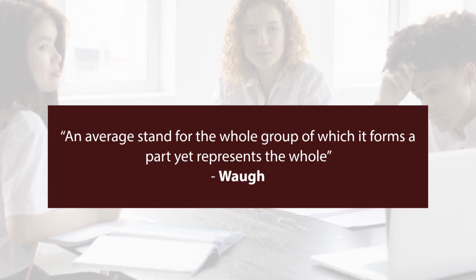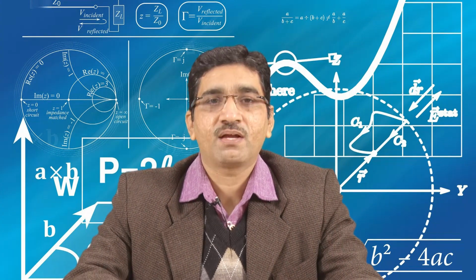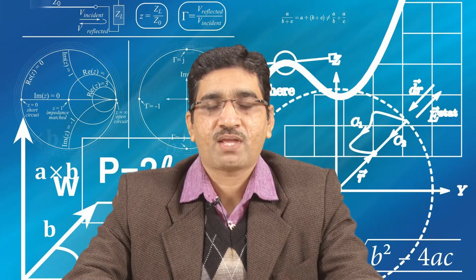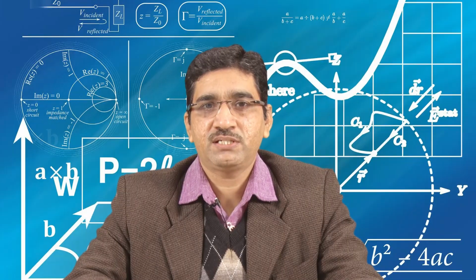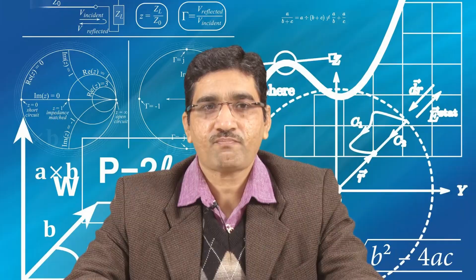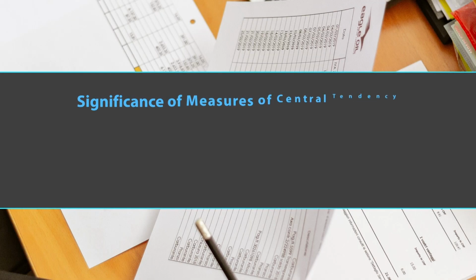So, after discussing these definitions of measures of central tendency, now we should discuss why measures of central tendency are used. What is the significance of using a measure of central tendency?